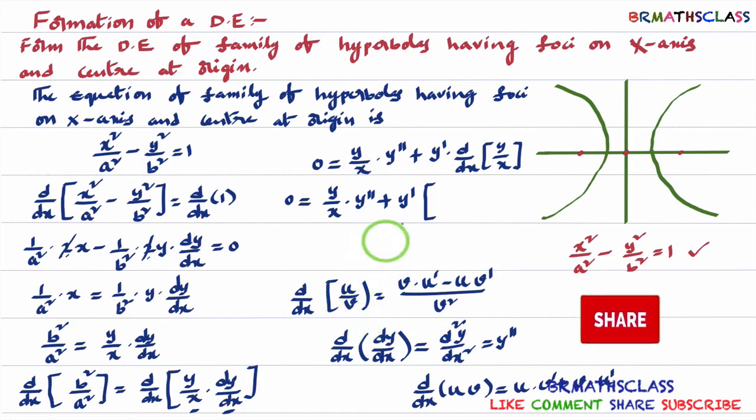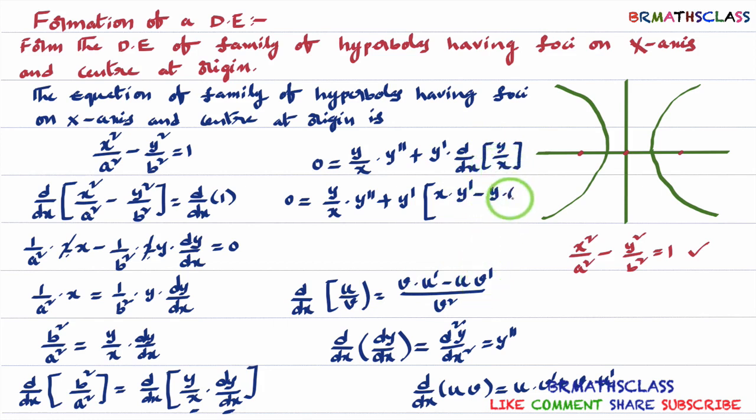Here this is u and this is v. U is y, v is x. You differentiate: v, x, into u dash, d by dx of y, which is y dash, minus u, that is y, into v dash. Derivative of x with respect to x is 1, divided by v square, and v here is x square.